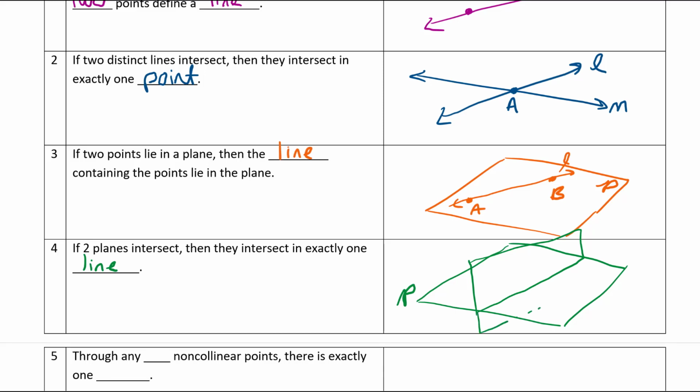So you're drawing that up there. Okay, and we'll call that plane O. Then if plane P intersects plane O, then the intersection is a line, and that line is unique. So that line L, where P and O intersect, is a unique line.